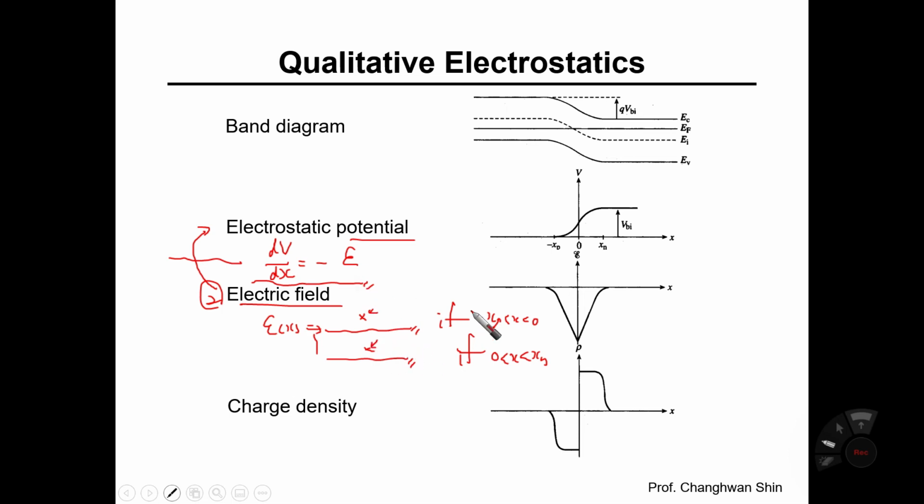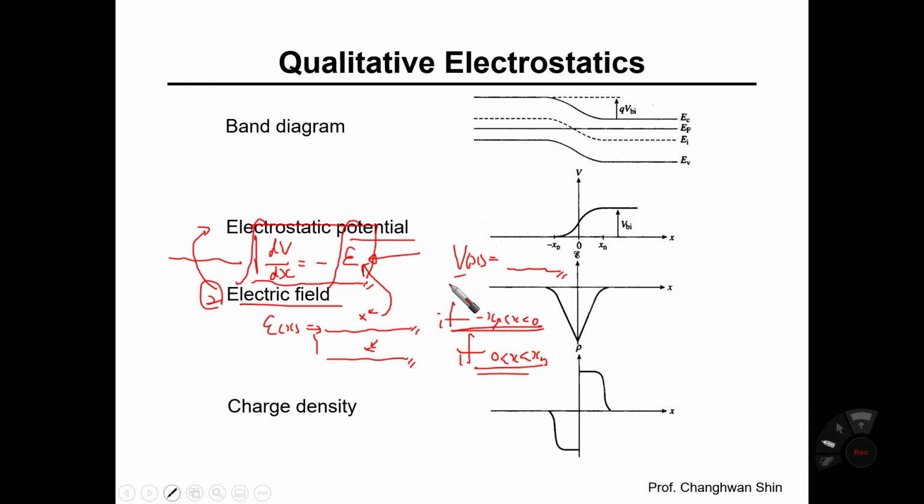For those two different regions, you may solve this first order differential equation. Plug in E of x here and take integration for both sides, then you're going to get V of x. To solve this first order differential equation, you should have one more boundary condition. So what is it?